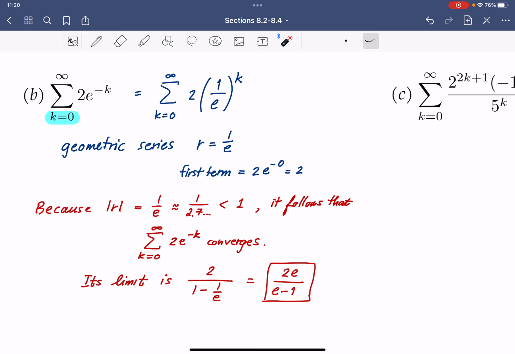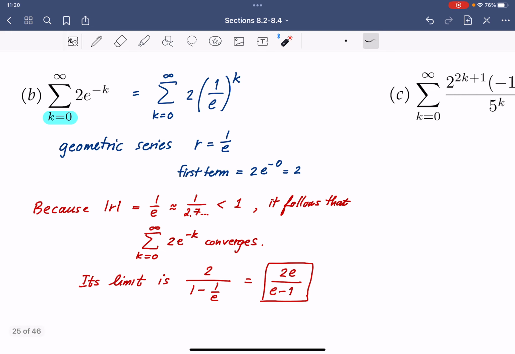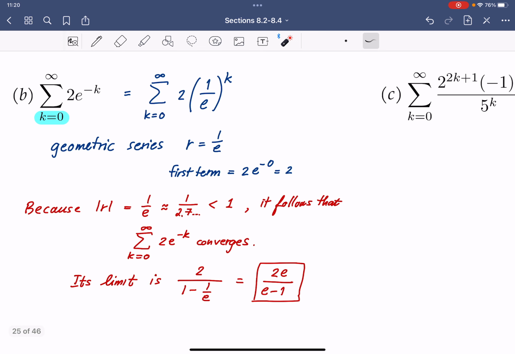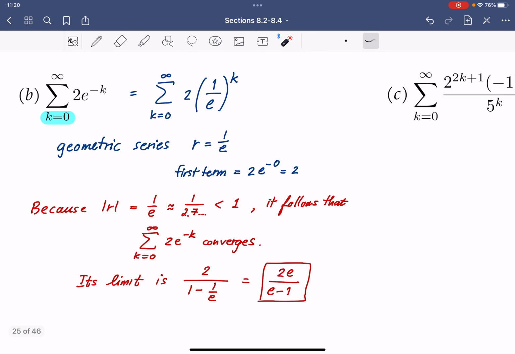This is included in the test a lot. It is going to be on exam 1, so it's a part where you can collect points, because once you come to the root test and ratio test, it's going to be a little bit harder.